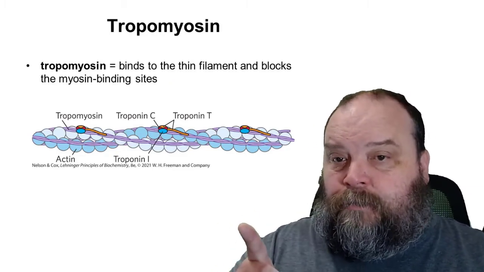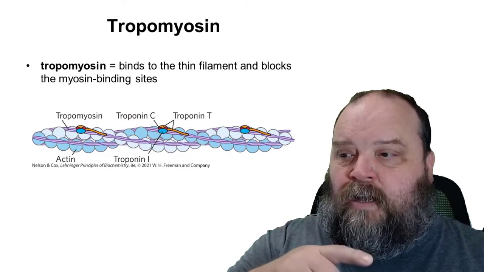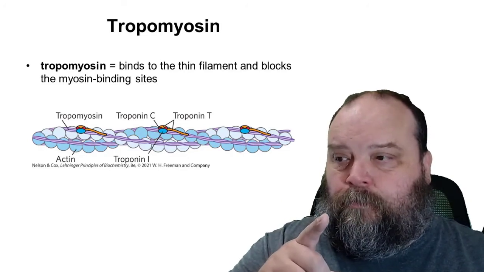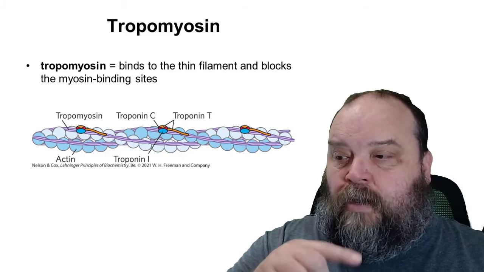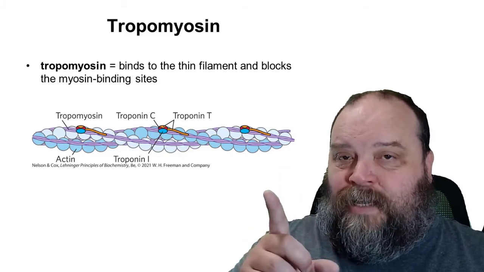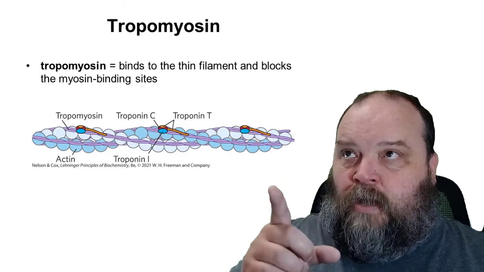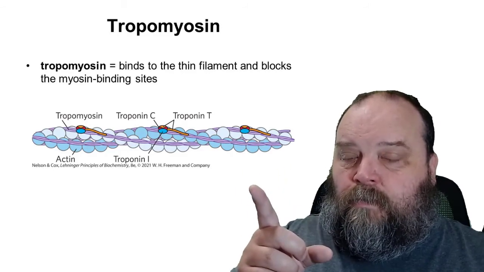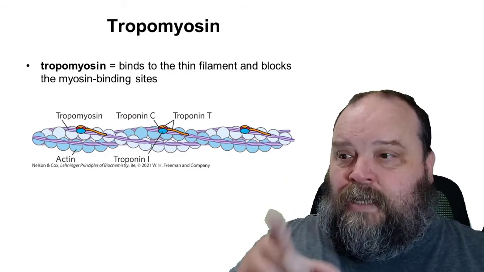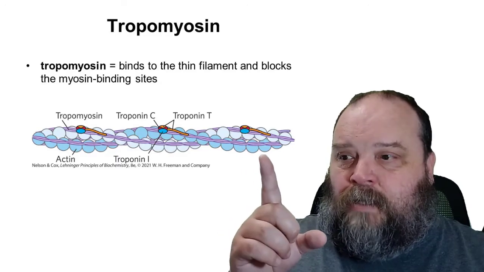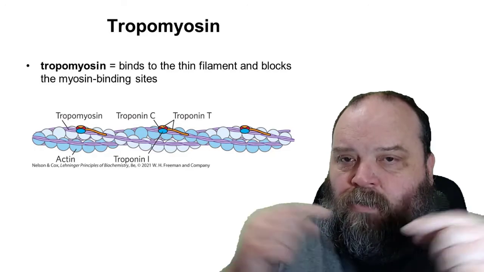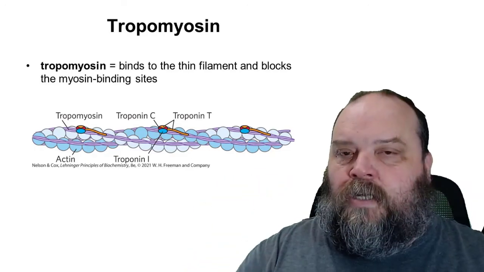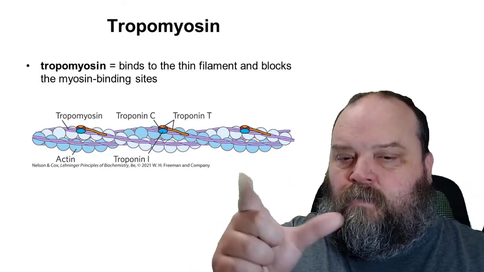The troponin, in the presence of calcium, changes shape, interferes with tropomyosin. So now, if tropomyosin is interfered with, the myosin head can interact, ATP gets hydrolyzed, goes like this, actin gets pulled toward the center, sarcomere gets shorter.